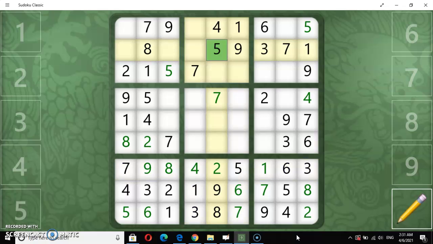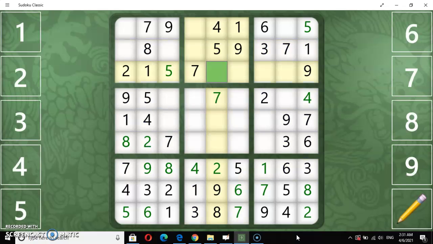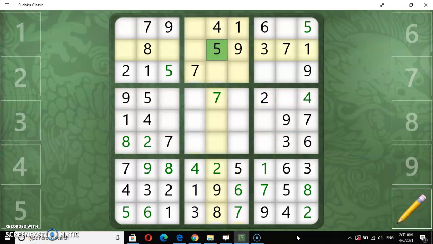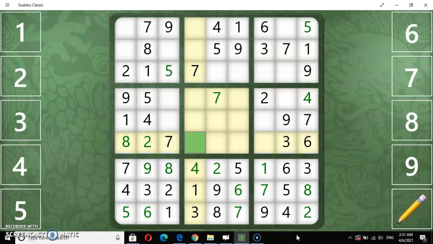So in this column we cannot write 5, because of these 5s there are 3 possible locations. Here I cannot write 5, but these two places can be. So the possibilities are there, but we cannot guess, so leave this.